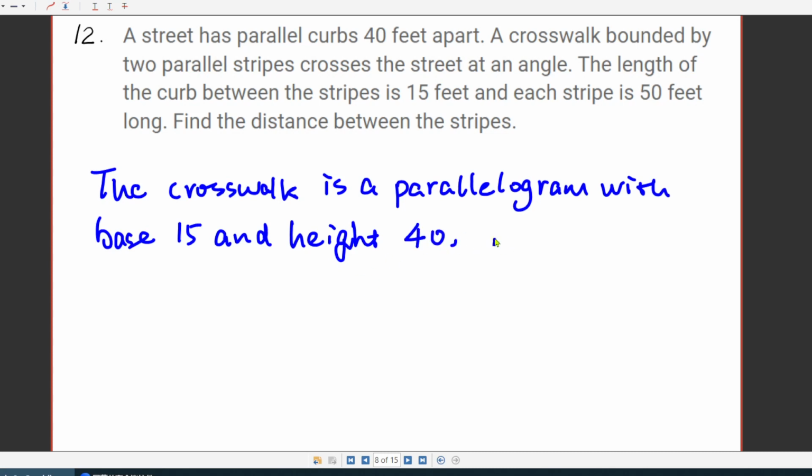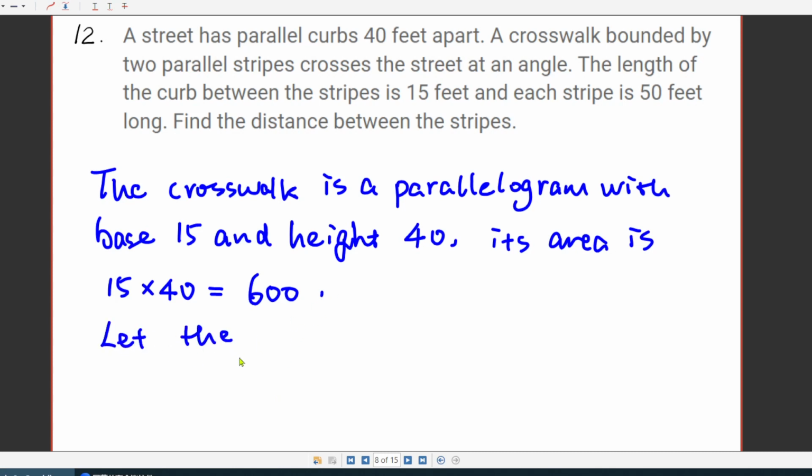And therefore its area is given by 15 times 40, which is 600. Then suppose we let the distance between the stripes be h.